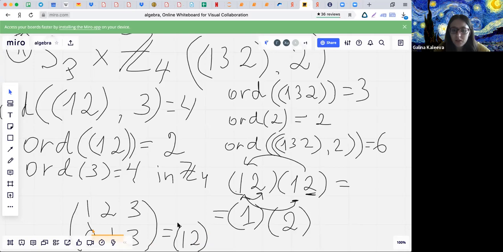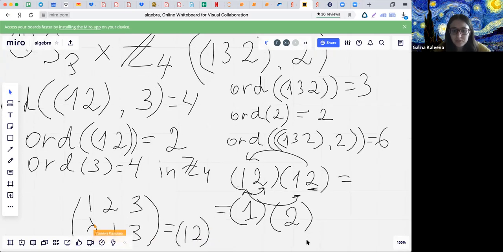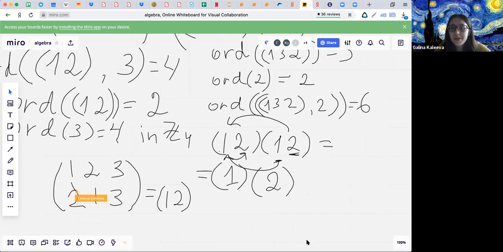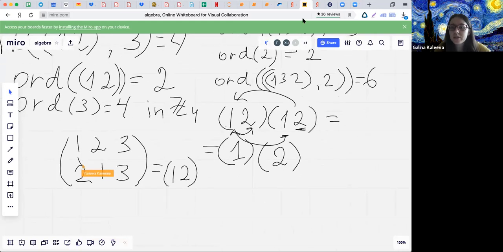You may also remember that the order of a cycle equals the length of this cycle. Actually, I showed why this is the case. Okay, do you have any questions concerning the direct products and the way to find the order of an element of our product?